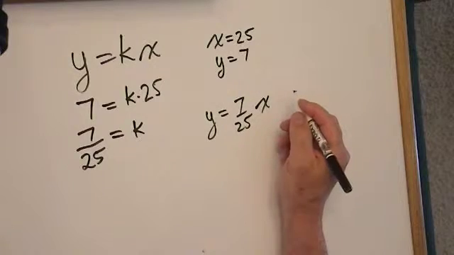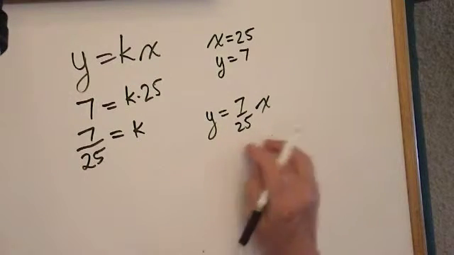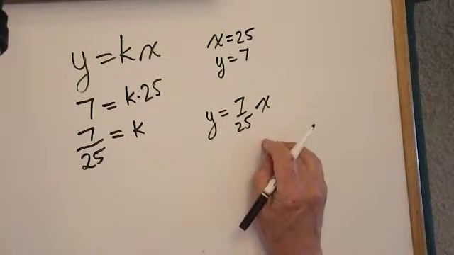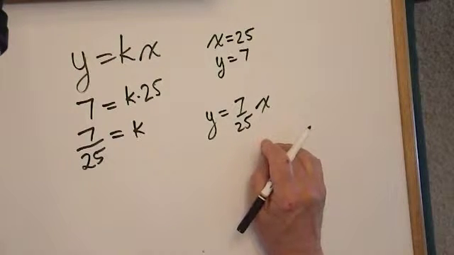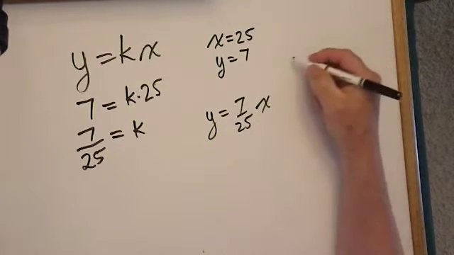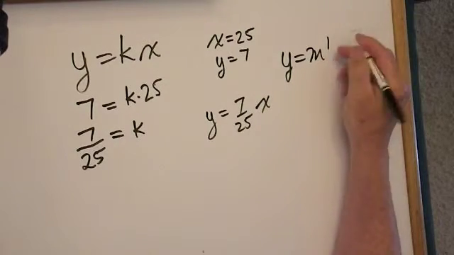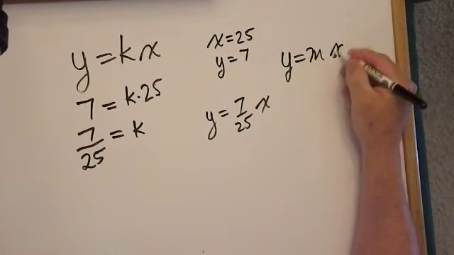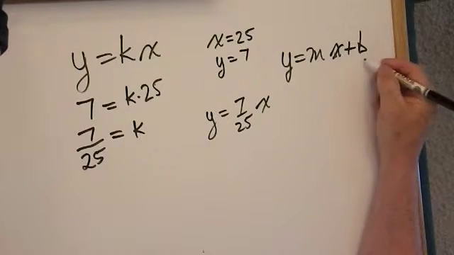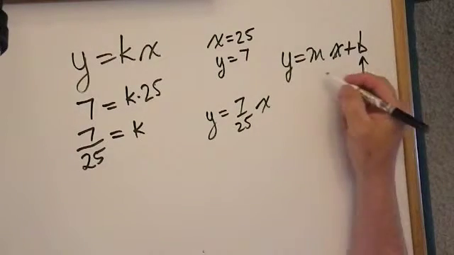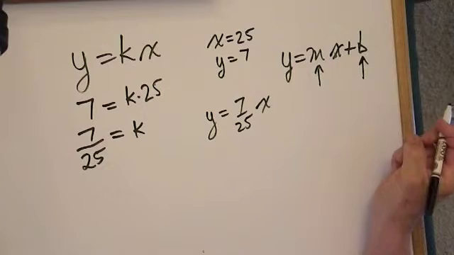Now recall that this is a simple version of the slope-intercept equation that we talked about before. The general form of the slope-intercept equation is y equals mx plus b, where b is the intercept and m is the slope.